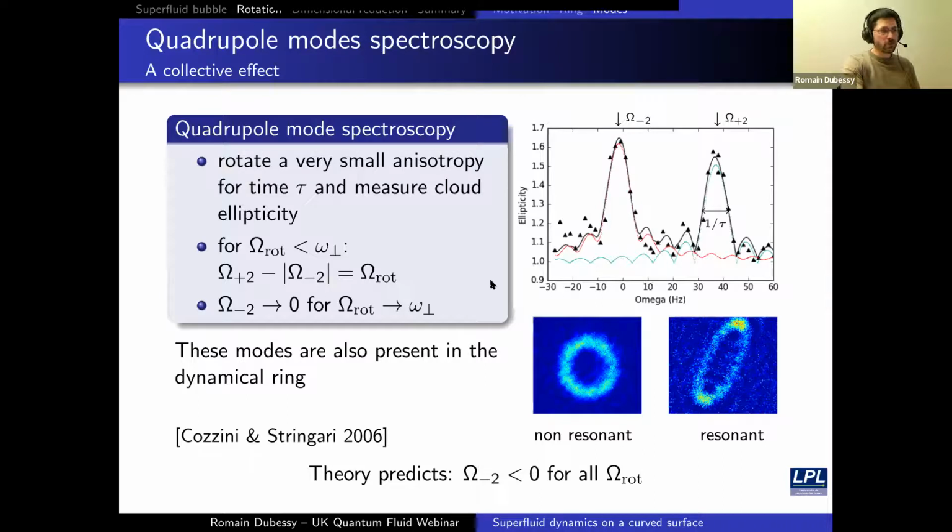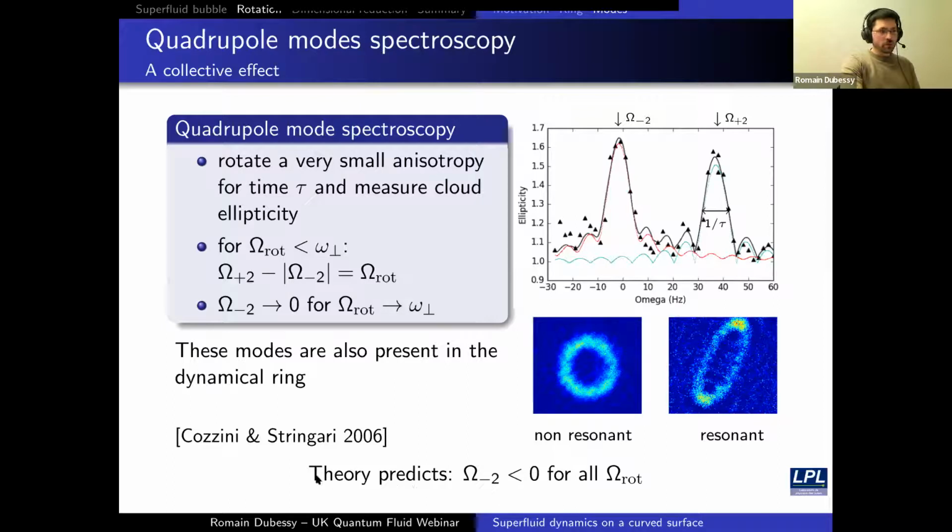It gets a little more complicated in a harmonic plus quartic trap as we have, but you can still do some theory and predict that these modes still exist. Indeed, we see this behavior in the experiment: whether we probe at a non-resonant or resonant frequency, we observe a clear anisotropy in the dynamical ring.